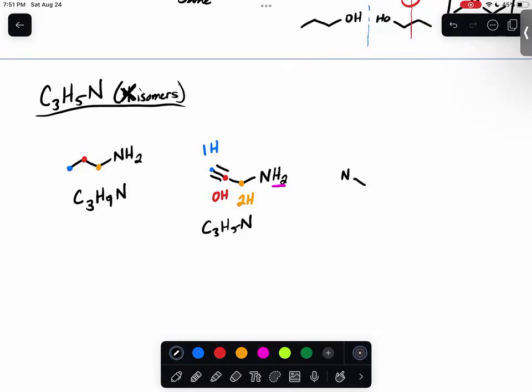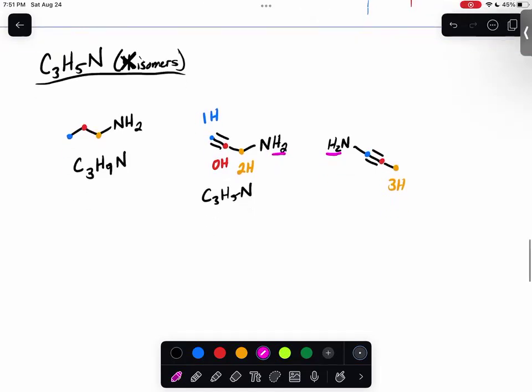Because essentially by putting the nitrogen onto the blue carbon, that means that there's no longer a hydrogen there, but now there's going to be an extra hydrogen on the orange carbon, right? So this right here, we now have three hydrogens on the orange carbon, and then we have those two hydrogens on the nitrogen. So this is another isomer here.